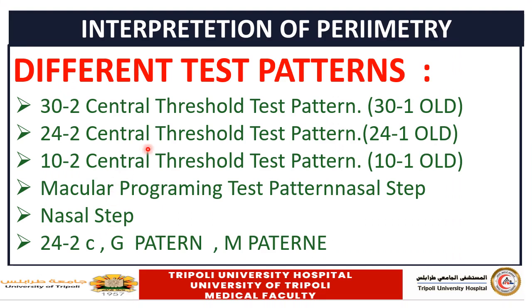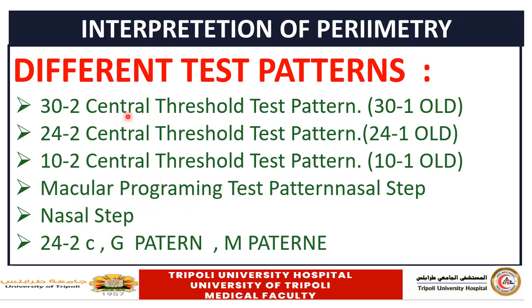This is an example of the different test patterns that are practically available. The 30-2 central visual field, previously it was 30-1, and the 24-2 central visual field, previously 24-1, and 10-2. And also the macular program and the nasal step.